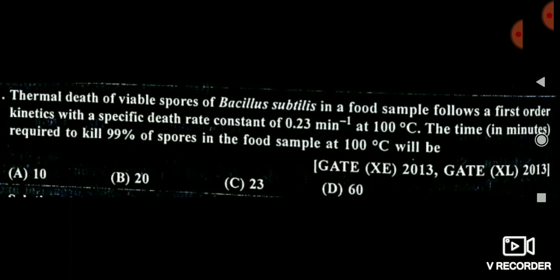So final amount of spores is n-naught minus n-naught into 99 by 100. Means we are considering kt is equal to ln n-naught by n. n-naught is the initial amount of microorganisms and n is the final amount of microorganisms. Means we are not considering how much microorganisms are killed.